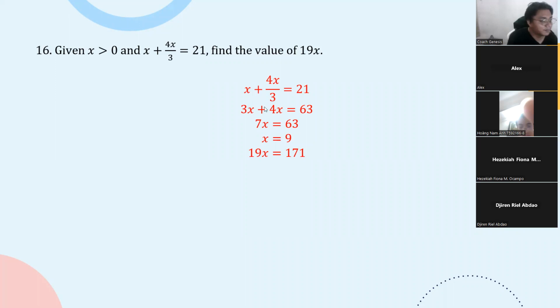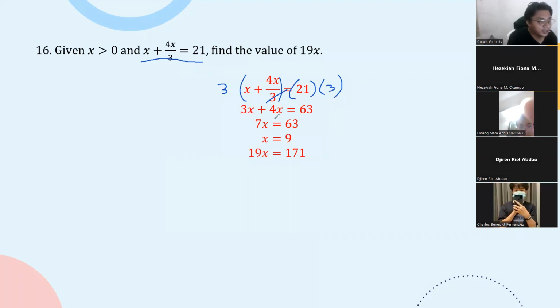Yes. So what we just did here is we just solved for x. So since we have an equation, x plus 4x over 3 is equal to 21, we just have to multiply the equation by 3 just to get rid of the denominator. So you have 3x plus 4x is equal to 63.